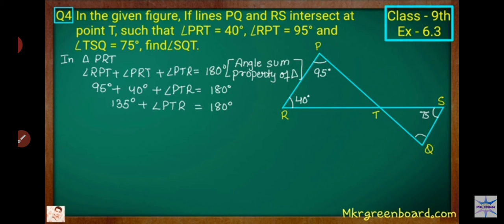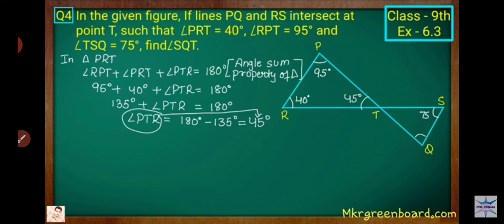Transpose 135 to another side, so angle PTR is equal to 180 minus 135 degree. It is 45 degree.